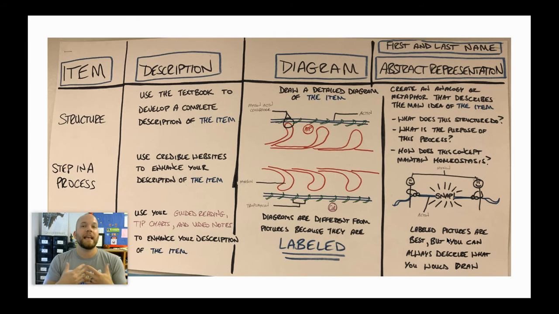If you can enhance your diagram with an explanation of what it is, that's fine. But it is a diagram. It will always be a diagram. You're going to draw the abstract representation, not the actual. This is a concrete representation here in the diagram. You're basically taking the diagram and creating a cartoon of it.